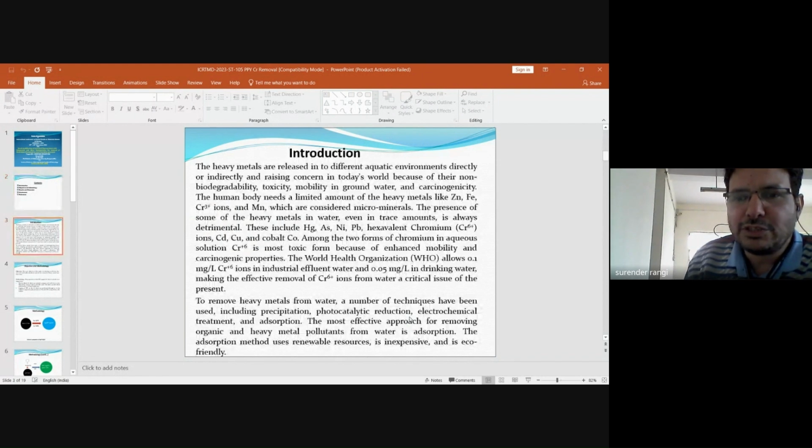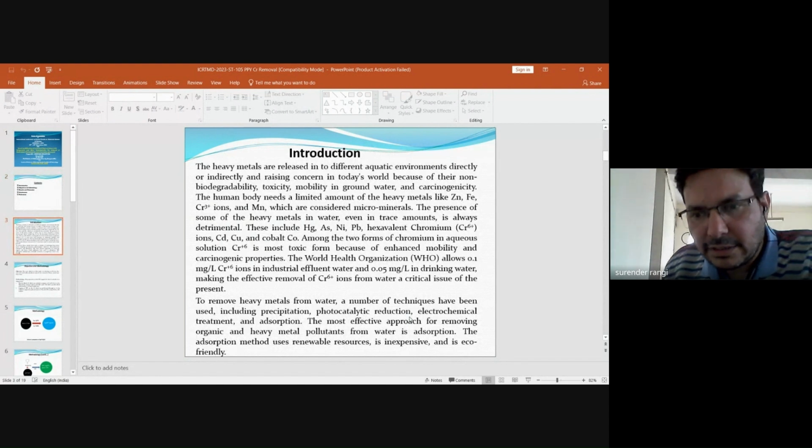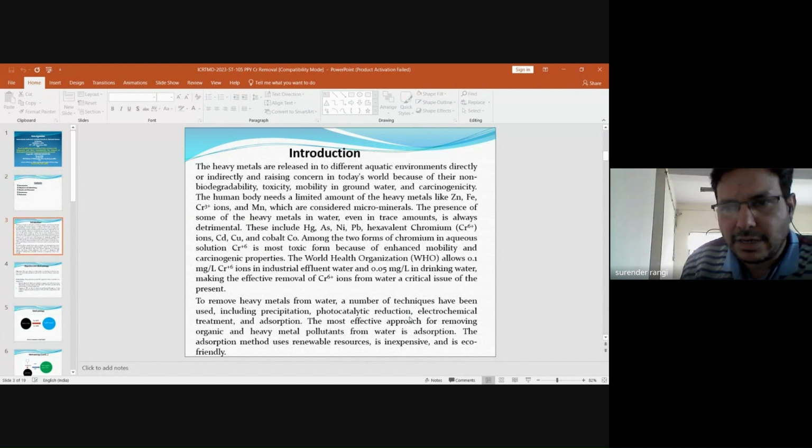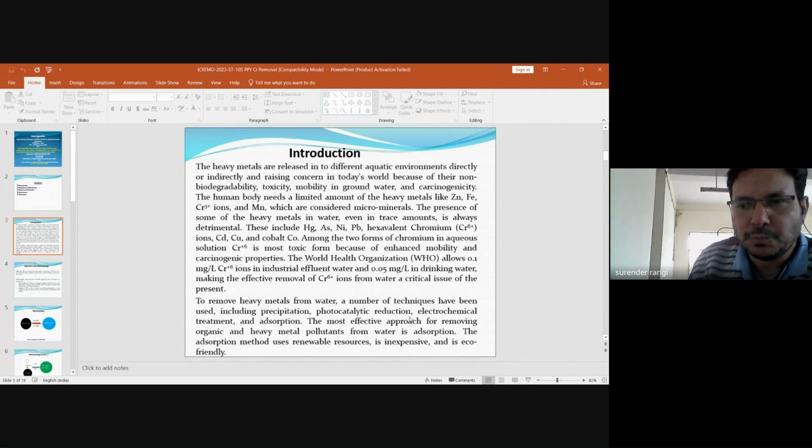Heavy metal poisoning is the biggest problem of today, and heavy metals are cancerous. Due to industrialization and urbanization, the availability of fresh water becomes a very challenging issue. Hexavalent chromium is one of the main heavy metal pollutants.